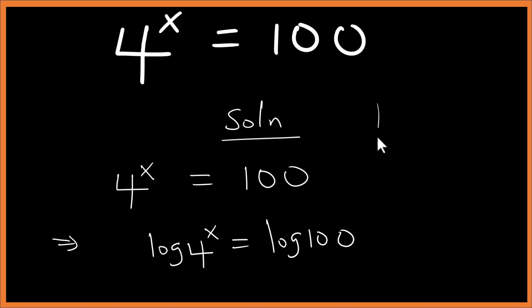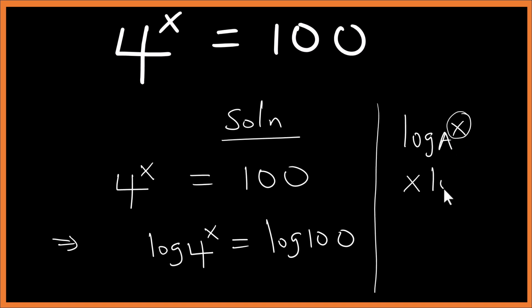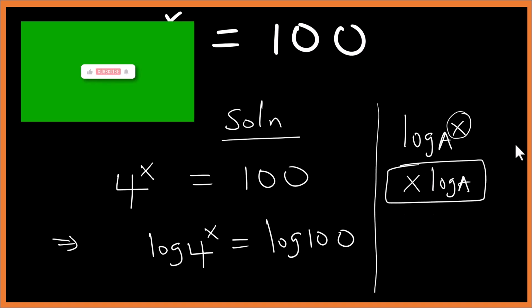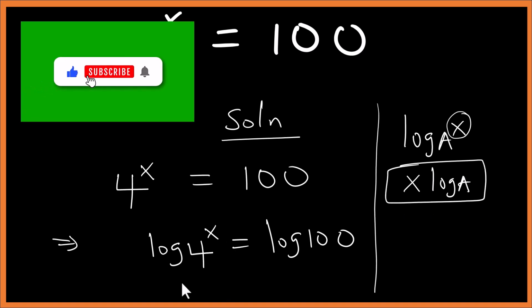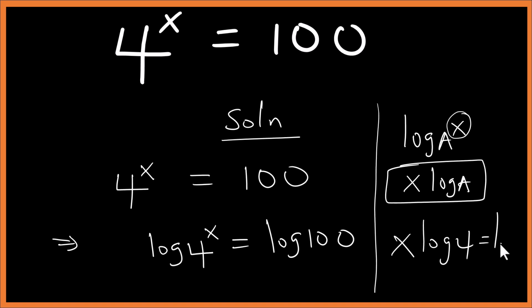Okay, now when we're given log a raised x, this one is a power rule, so it's the same as x log a. Alright, so this side will be x log 4 equals log 100.